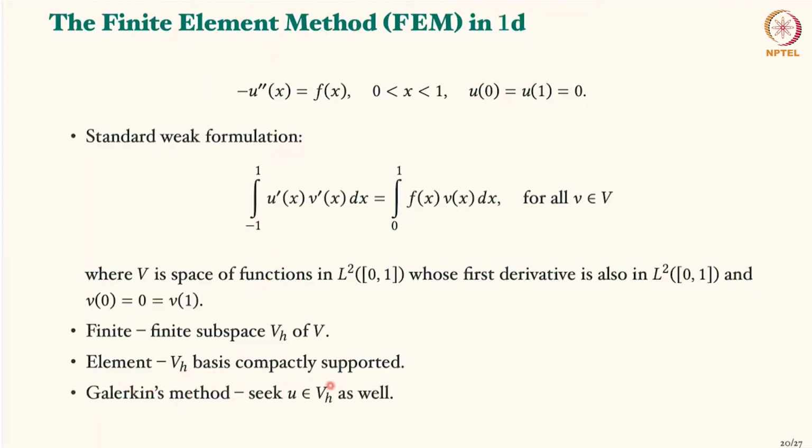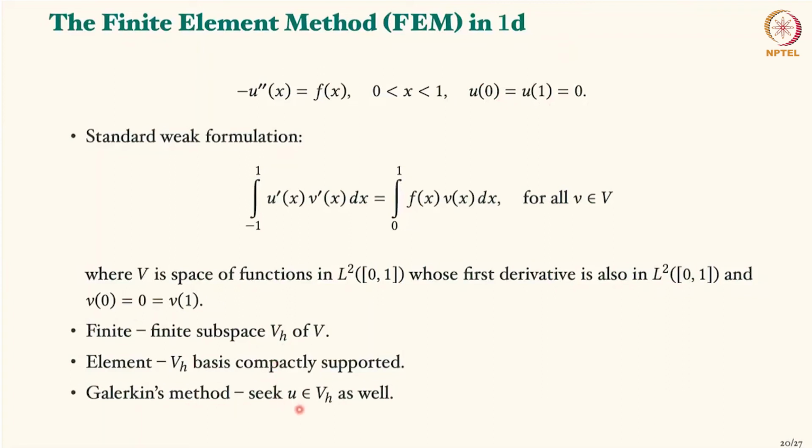So that's the element. The elements are basis functions which are compactly supported, and the method comes from the so-called Galerkin's method, which says that I have set up this finite dimensional subspace. I started with these L2 functions whose derivative is in L2, whose functions have the same boundary condition as my given data. And I've taken this finite dimensional subspace.